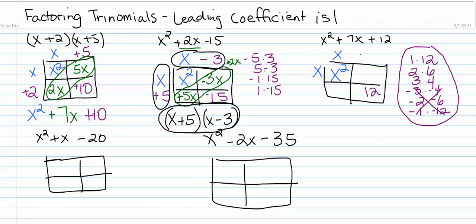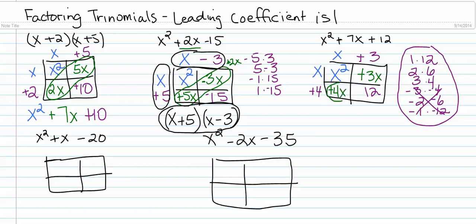So I'm going to put a positive 3 here and a positive 4 here. Now I want to check to see, will those actually give me a positive 7 when I add them together? Positive 3x is what I get when I do 3 times x. Positive 4x is what I get when I do 4 times x.